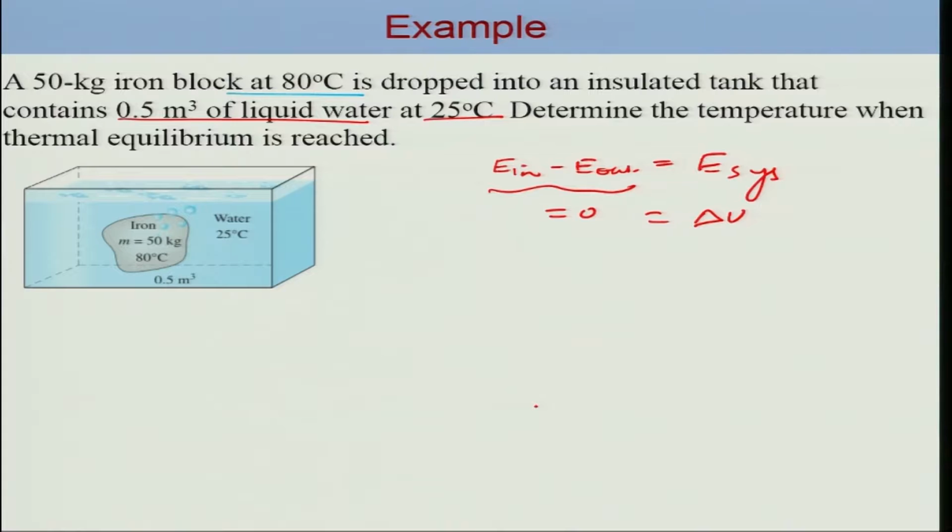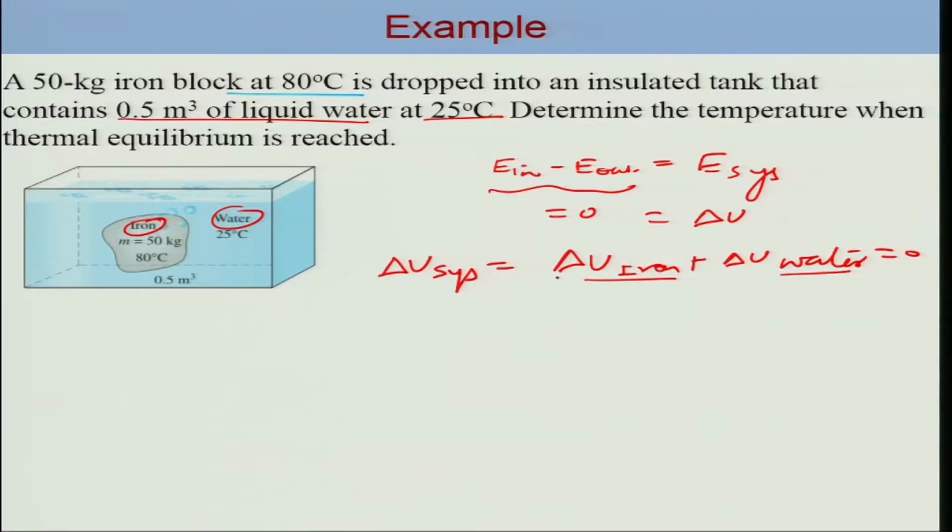U is an extensive property. Delta U of the system contains two components, iron and water, so delta U for iron plus delta U for water should be 0. Iron is a solid and water is a liquid, so we are going to make use of specific heat.